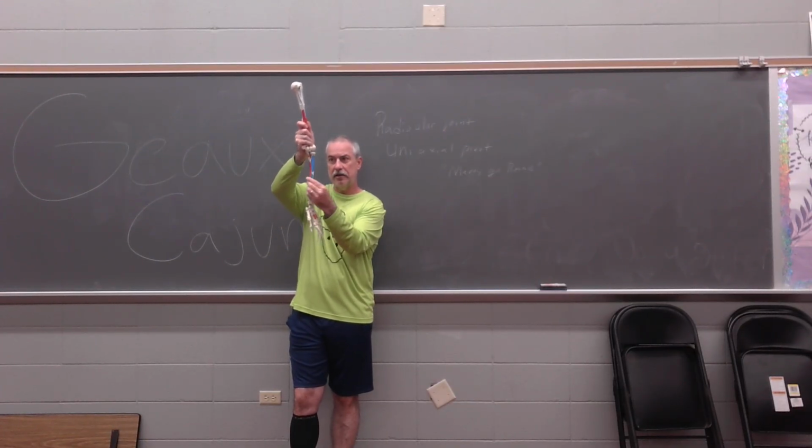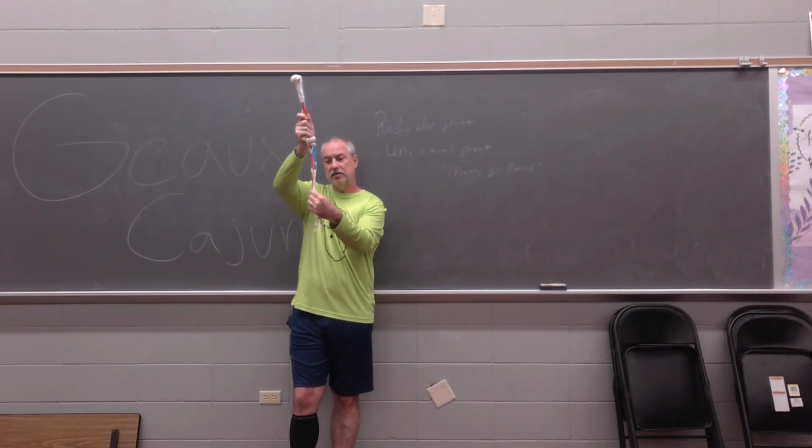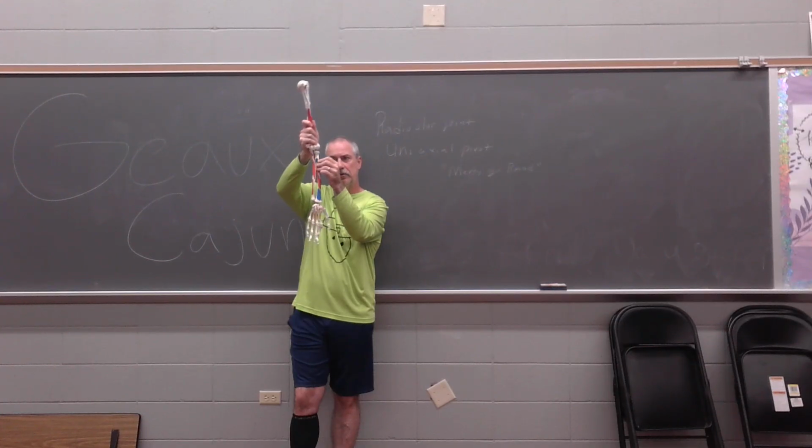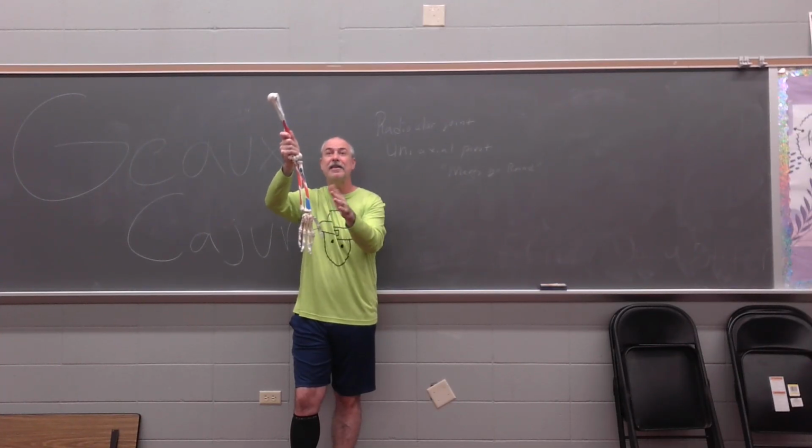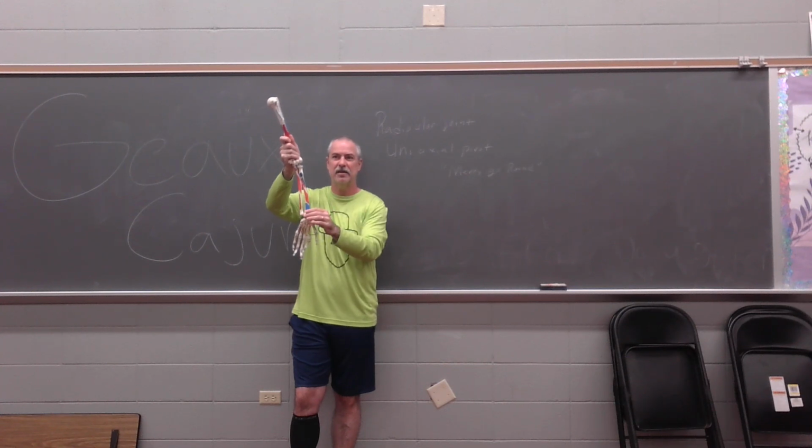The head of the radius. And the distal orbits the ulna. So the proximal head is spinning about the ulna, and the feet are orbiting the ulna. So you have your proximal radial ulna, you have your distal radial ulna. We're just going to call it the radial ulna to make it simple.